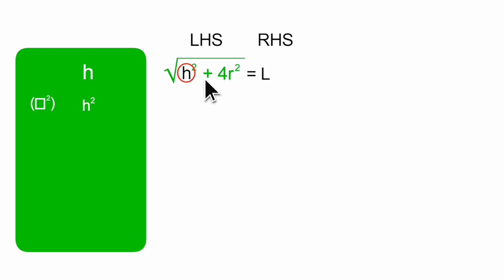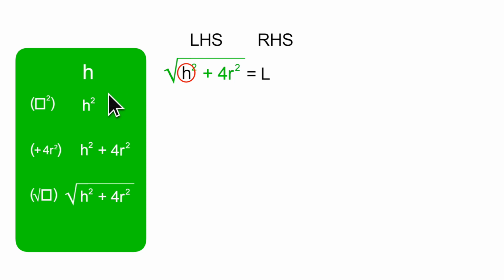Next, we are going to add 4r squared. So we have h squared add 4r squared. And finally, we are going to find the square root of h squared add 4r squared. And so we end up with the square root of h squared add 4r squared. So that's our left-hand side of the formula.